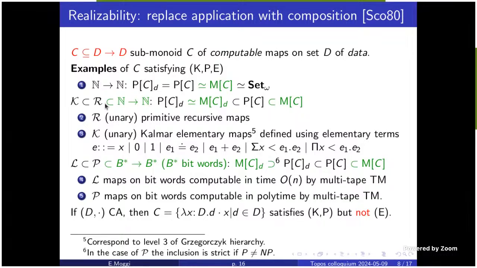More interesting monoids are the monoid of primitive recursive maps. In this case, this equivalence no longer holds. We have that decidable subobjects are strictly less than subobjects of the natural numbers.